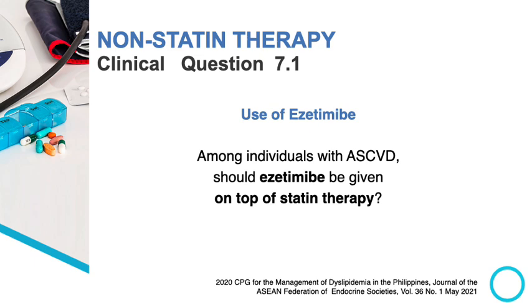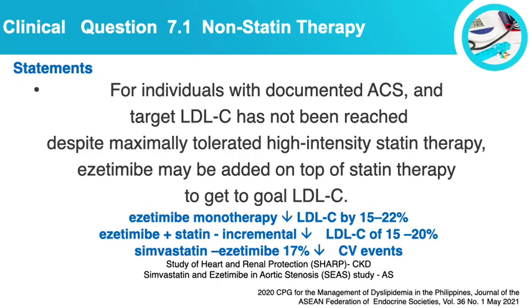Now, the next clinical question pertains to non-statin therapy or the use of ezetimibe. Among individuals with ASCVD, should ezetimibe be given on top of statin therapy? Ezetimibe is an important adjunct medication in lowering LDL-C in the body.